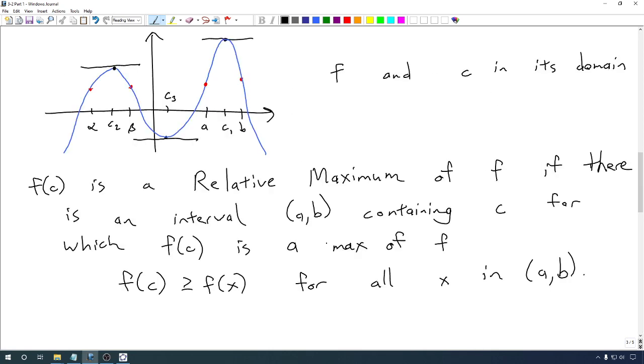Think about it in this way. If we were to look at our graph here, we were increasing before we got to c2, and we're decreasing after c2. And therefore, we had to reach a maximum at that point. At c3, we are decreasing first and then increasing. It was the other way around.